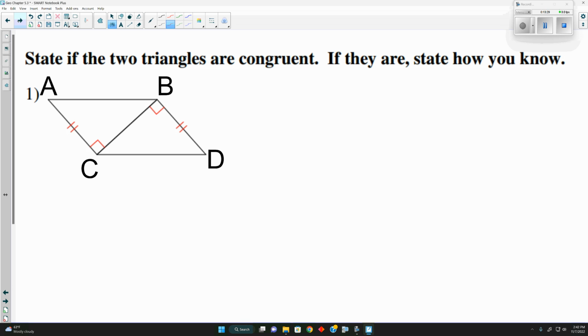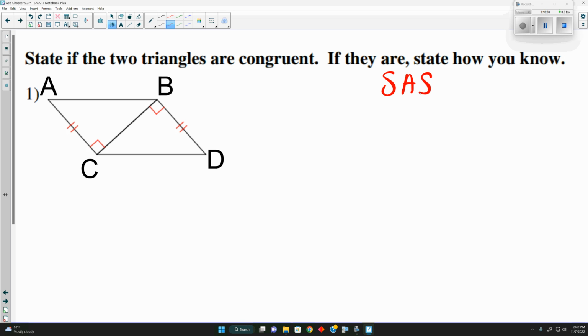So, how many different shortcuts do we have for saying that two triangles are congruent? We have side, angle, side. If two triangles have two sets of congruent sides with an inscribed angle, one angle in the middle, then we can say the two triangles are congruent.